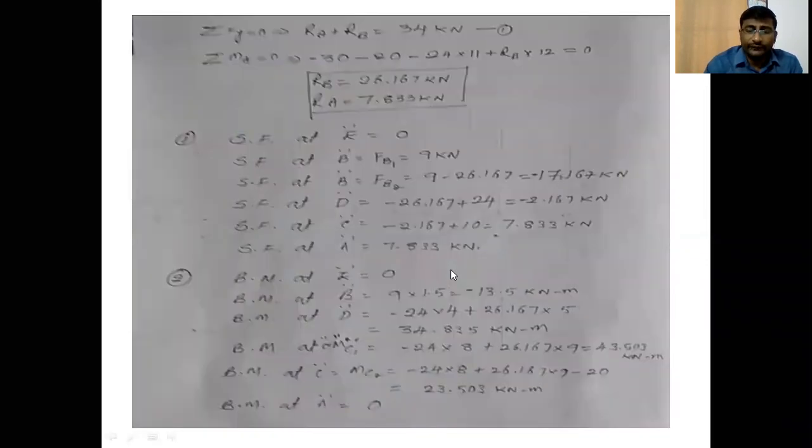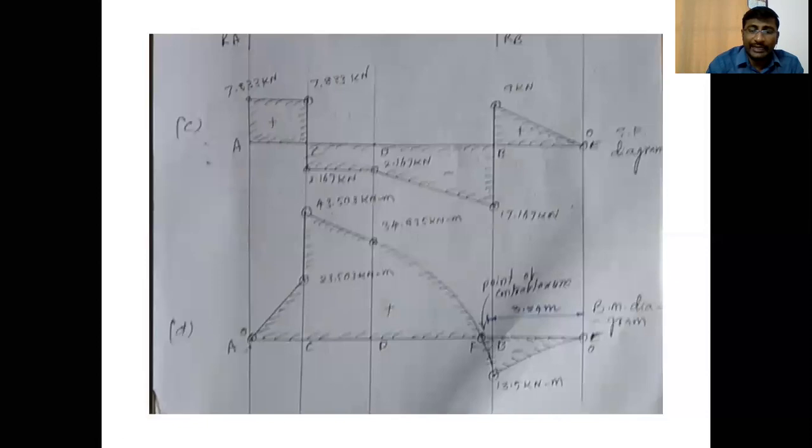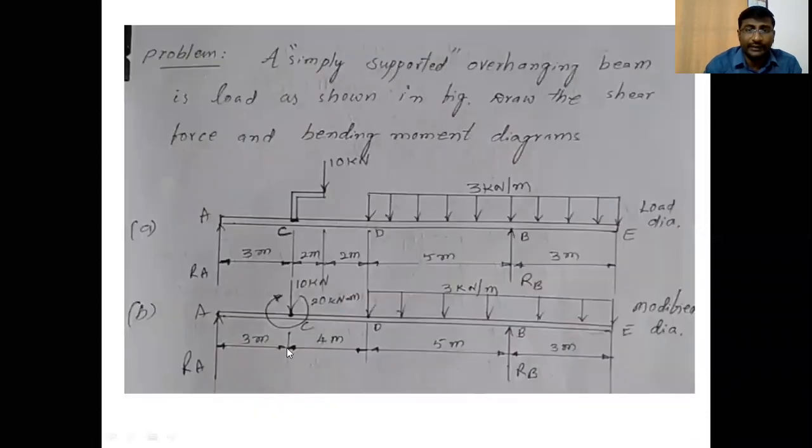These are the shear force and bending moment diagrams for the given beam. One thing you have to remember: if the load is acting at an angular section like this, you have to take two values.